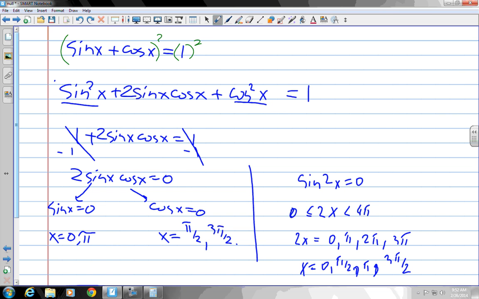When you square both sides and you find your solutions, you have to do something with those solutions.